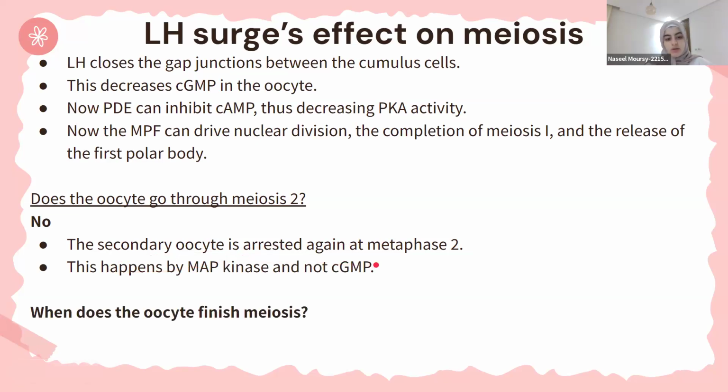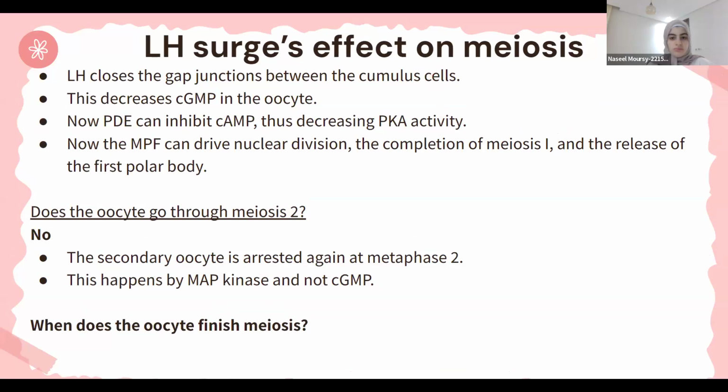Now, when does the oocyte finish meiosis? So we said it doesn't finish meiosis now with the LH surge. Now, when do you guys think the oocyte finishes meiosis? Okay, I'll help you guys out again.